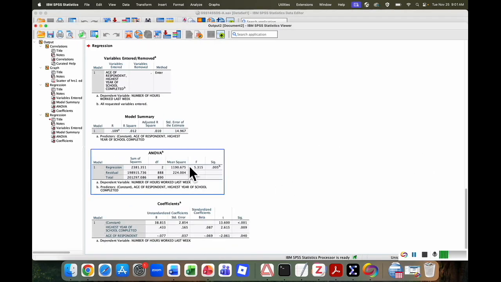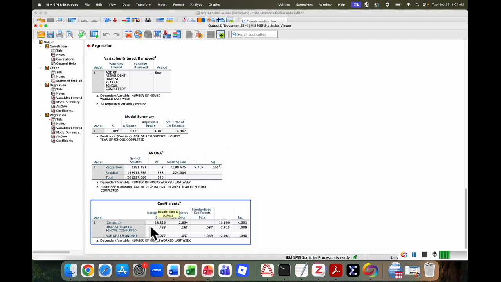Now, one of the first things we can notice is that our R squared is a little bit bigger. We've gone from it being able to explain 0.7% of the variance to explaining 1.2% of the variance. We can see that we have more information in our coefficients table because now we have two coefficients instead of one.